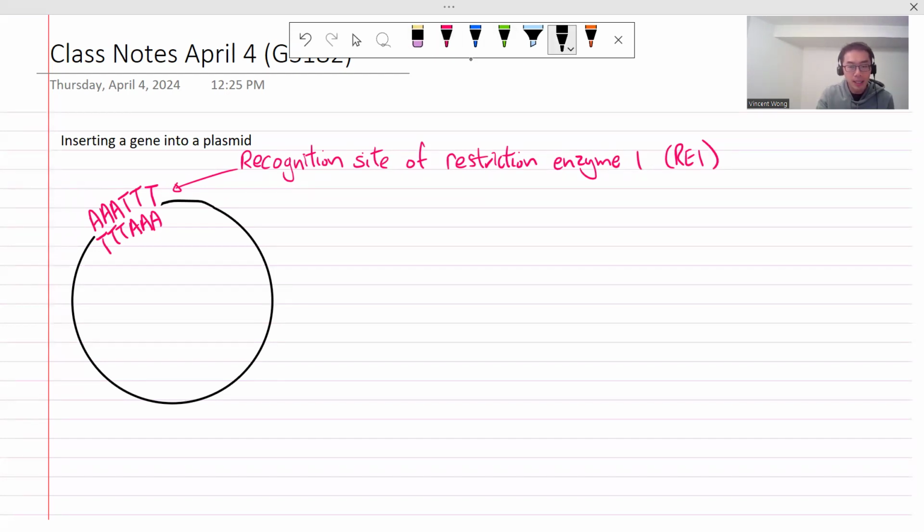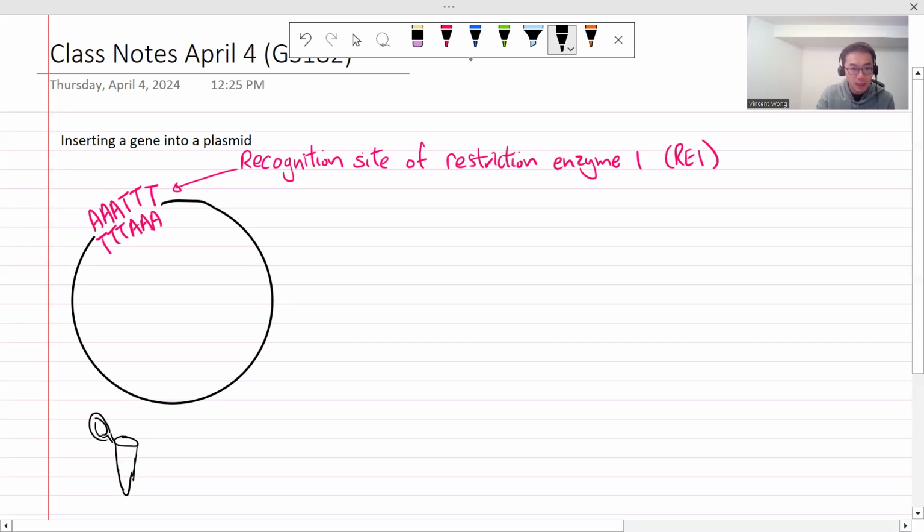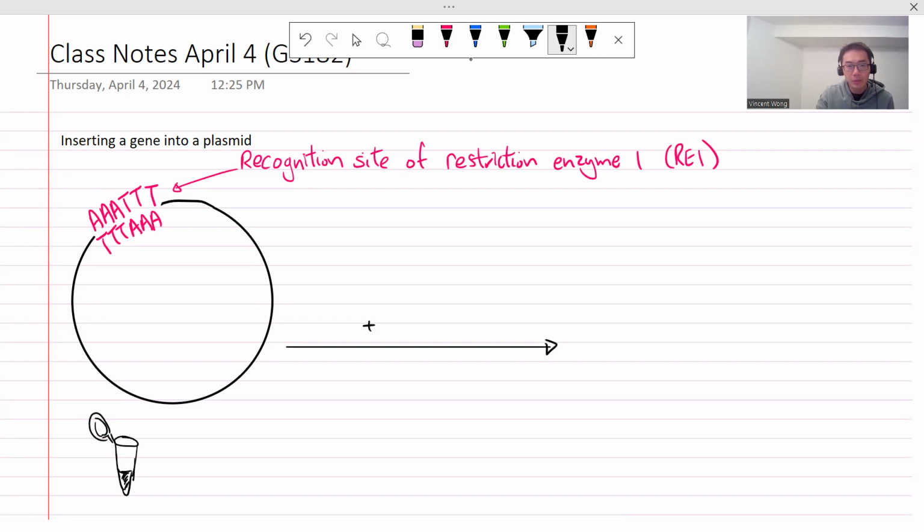So let's say you buy this online, and it comes in a little vial like this. Those tube things that I showed you, the Eppendorf tubes. You're going to have the plasmid in there, thousands of them. And what we're going to do is add restriction enzyme 1 to it.